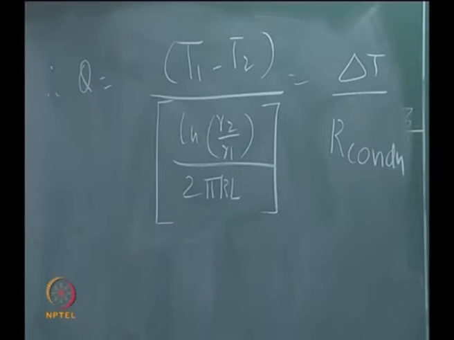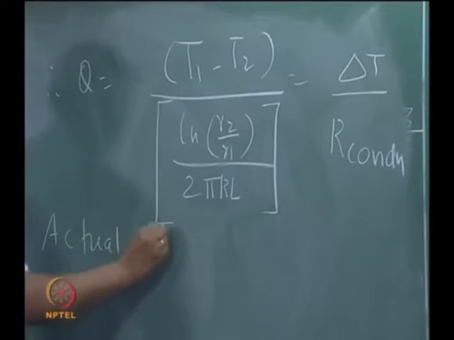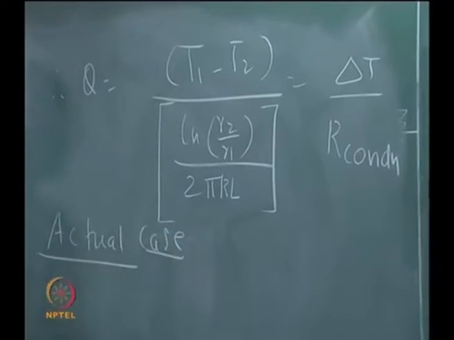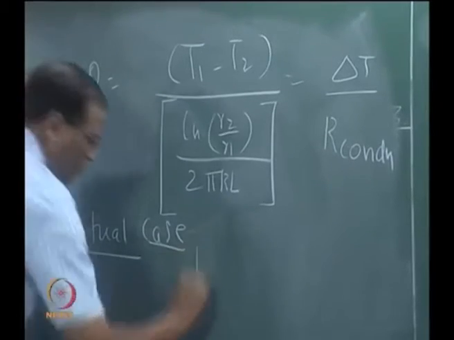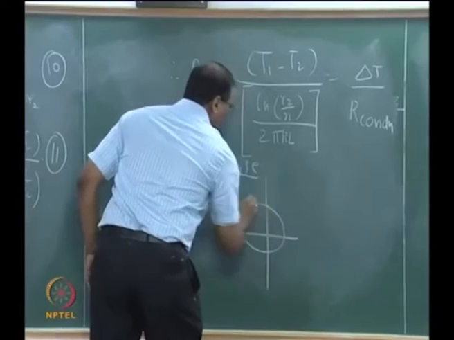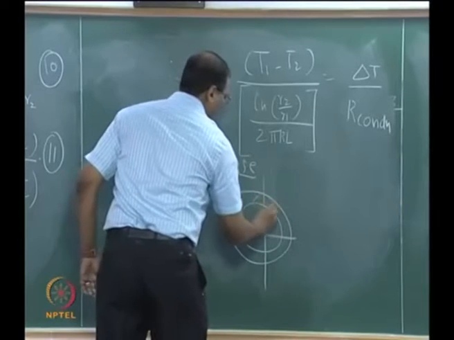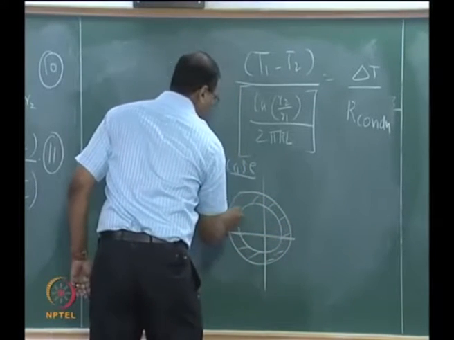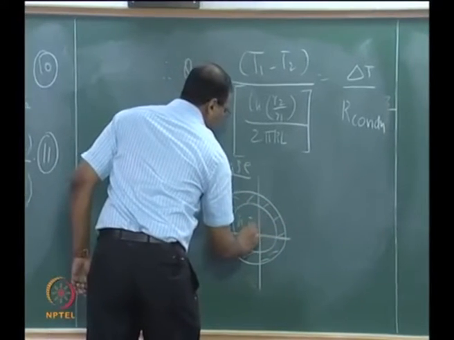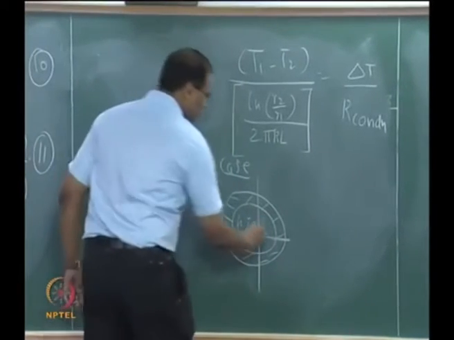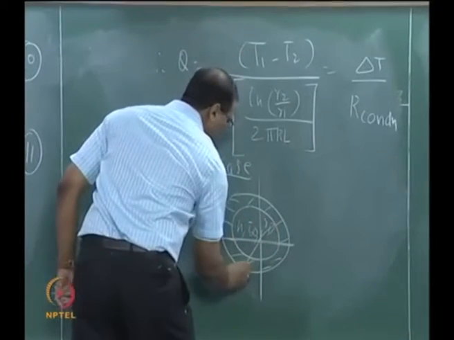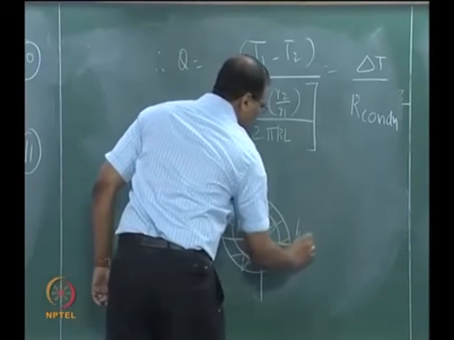Now we will go to the actual case. What is the actual case? h1, T infinity 1, R1, R2, h2, T infinity 2.